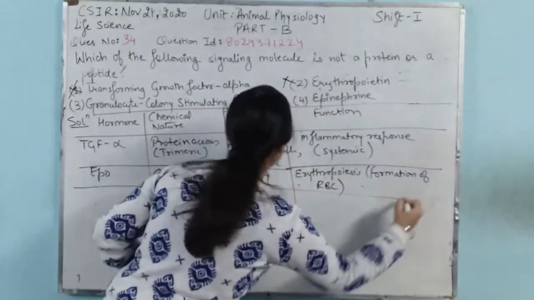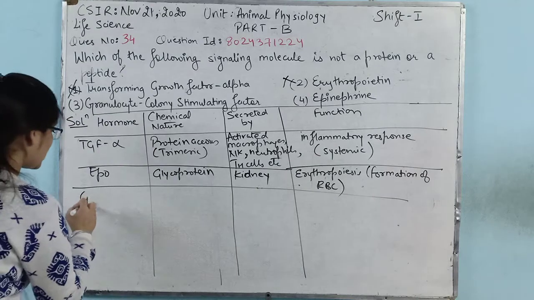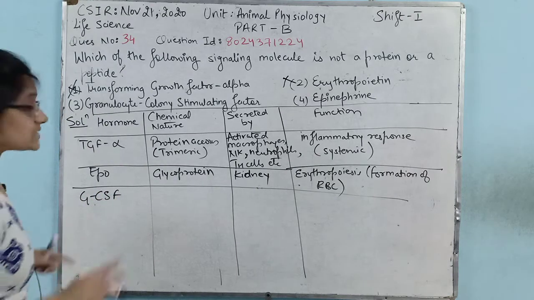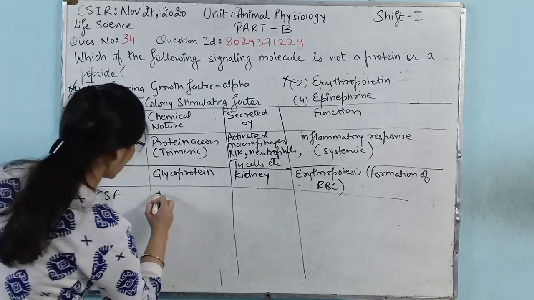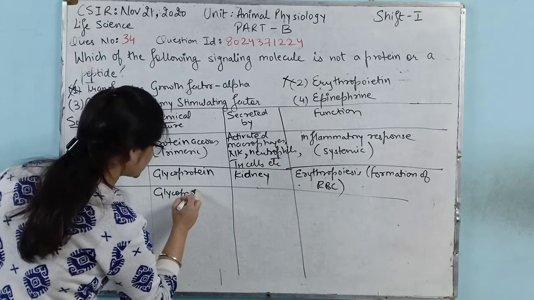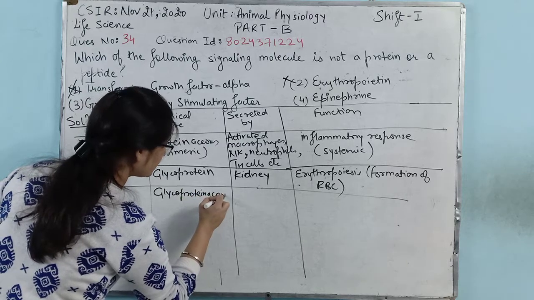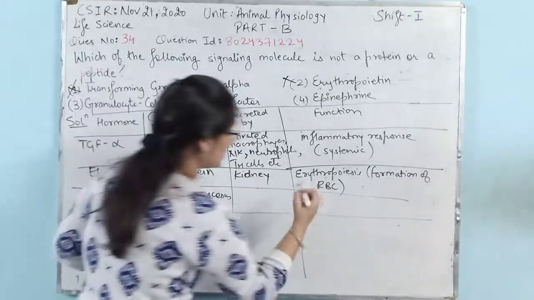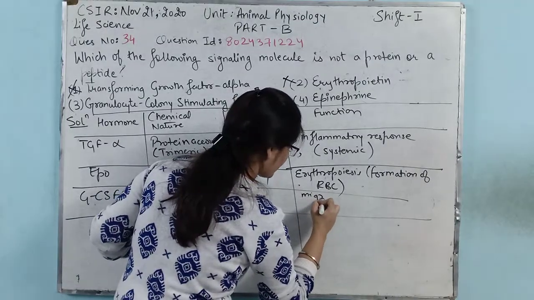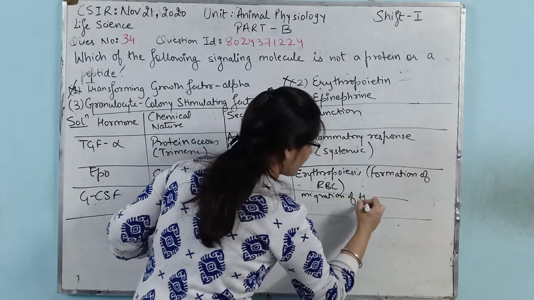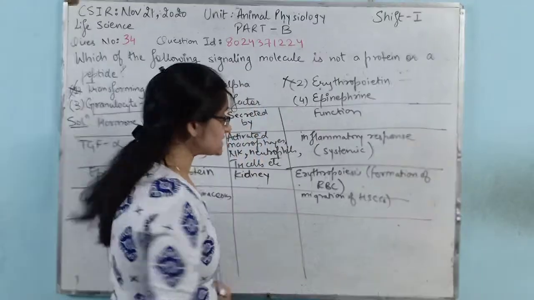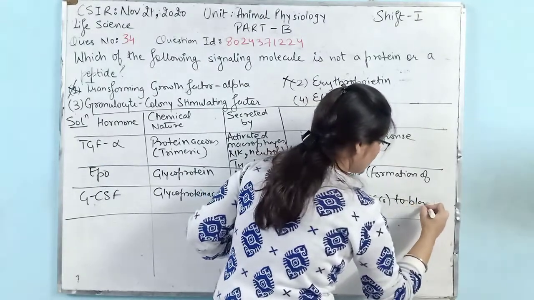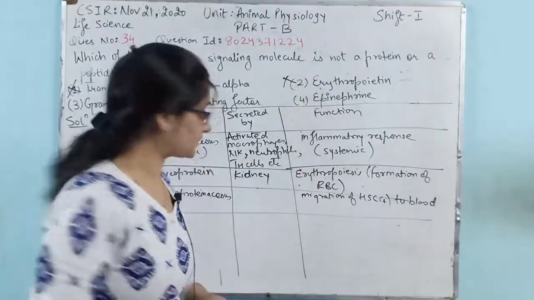Right? Then granulocyte colony stimulating factor. These are the hormones or cytokines which again are glycoproteinaceous in nature, and these are secreted by the cells which allow the migration of HSCs, which is hematopoietic stem cells, to blood from bone marrow, right?